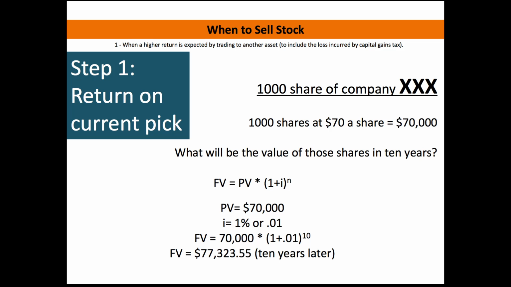Our i, or interest rate, is going to grow 1% annually, and we're going to do it over the next 10 years. So we're looking at what the value of these shares would be in the year 2022. When we do that math problem, make sure you do your exponent first. We come up with $77,323.55. So that's what that investment is going to grow into if we just continue to hold company XXX.